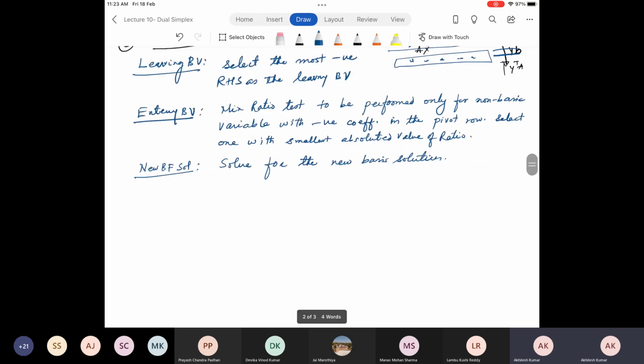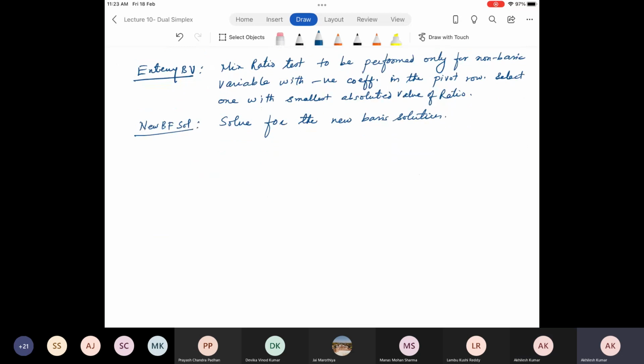So let me first write down the equations. Minus g plus 4x1 plus 12x2 plus 18x3 equals 0, this is my 0th equation.